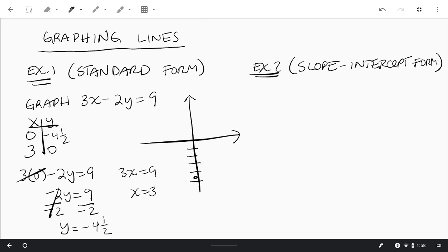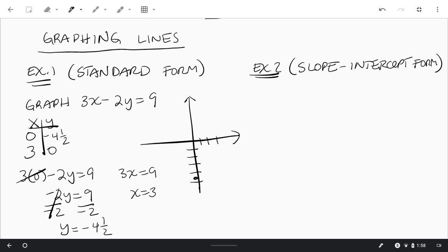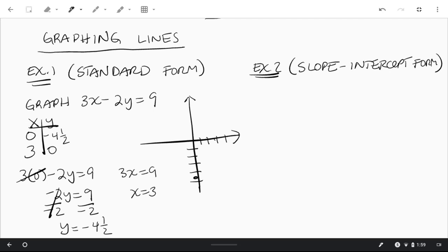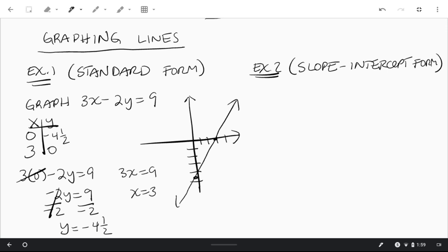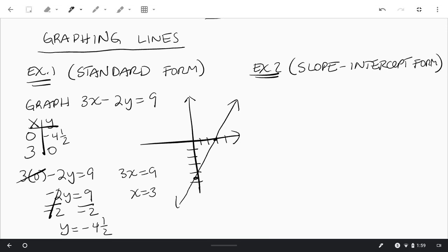Then (3, 0): 1, 2, 3. And so we have a point right there. And then go ahead and draw your line. So that's one way to do it.